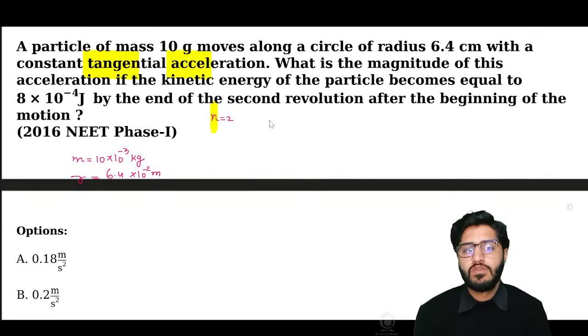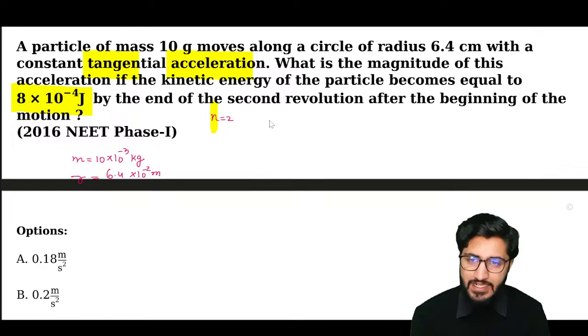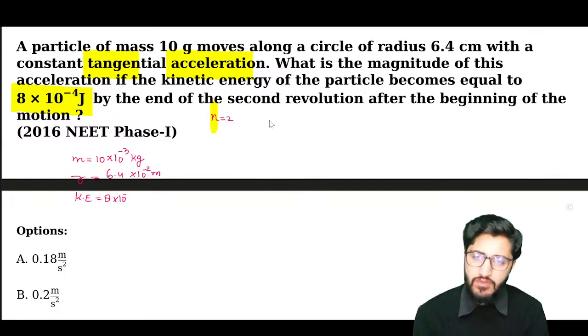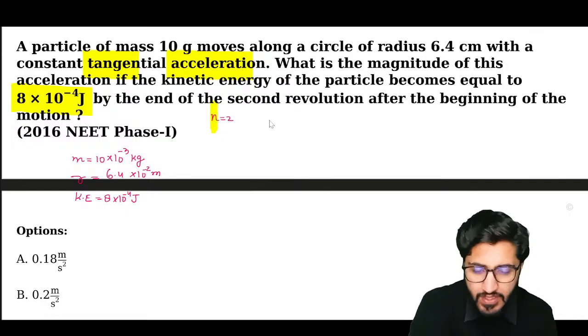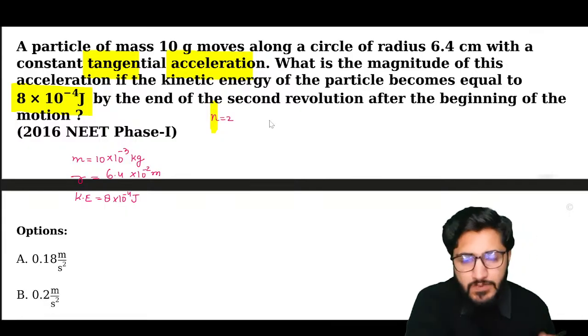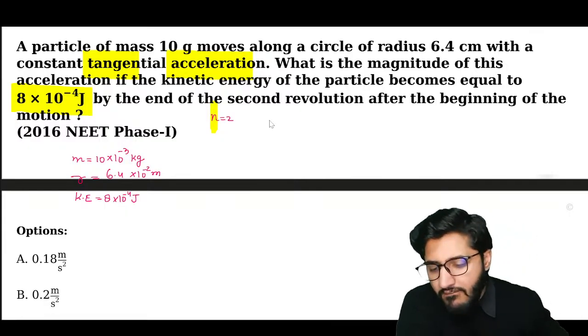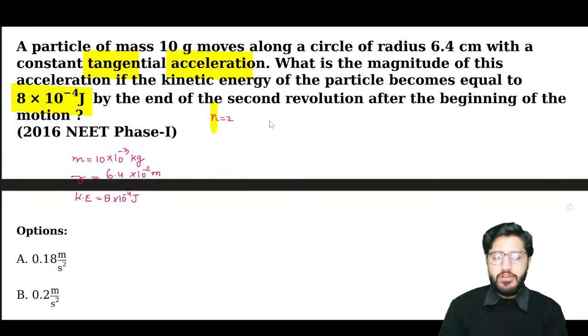What is the magnitude of this acceleration if kinetic energy is 8 into 10 to the power minus 4 joule? So basically, how can we get it? Simple, by using work energy theorem.